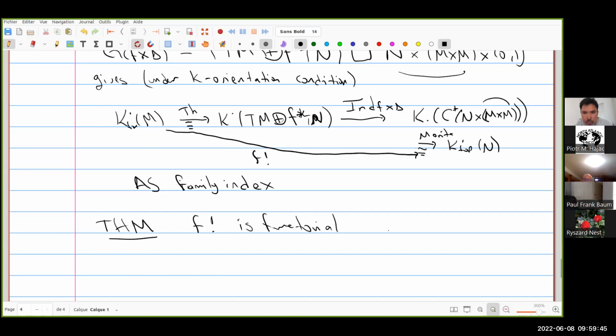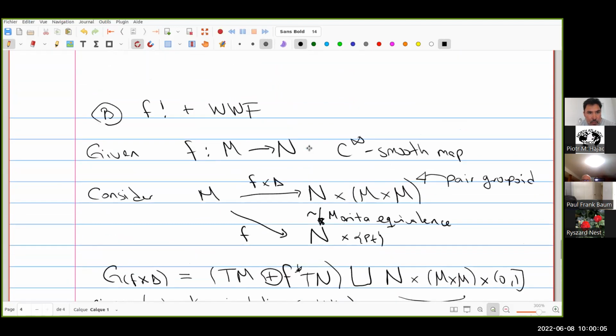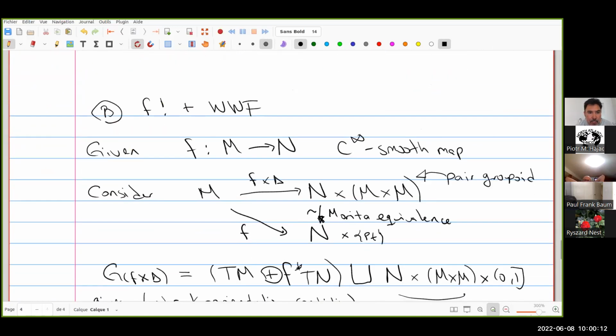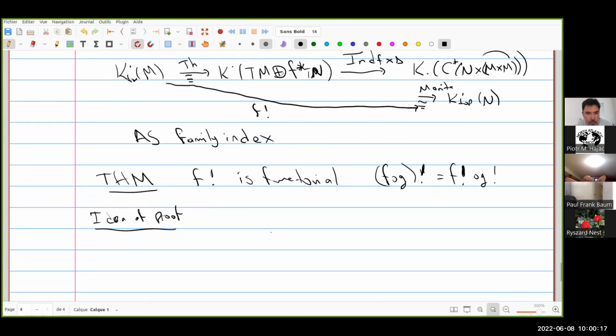The idea of using groupoids and this deformation business is that the indices are just given by some natural maps, evaluation maps with respect to some appropriate deformation groupoids. So the proof of this functoriality is based on properties.